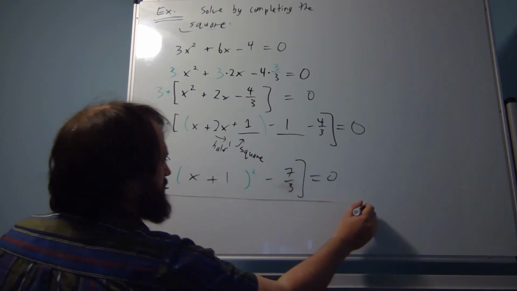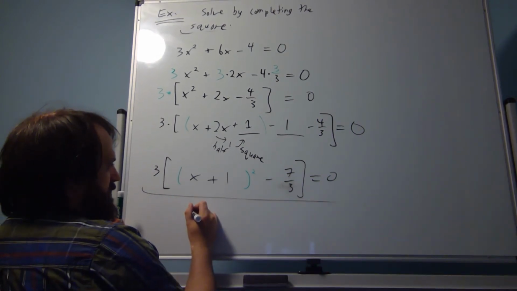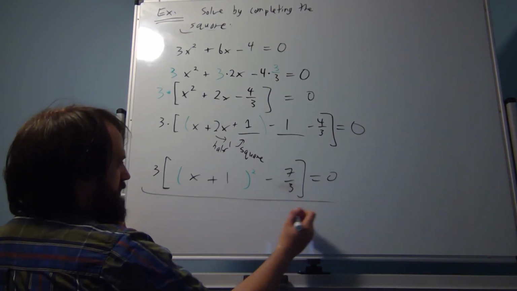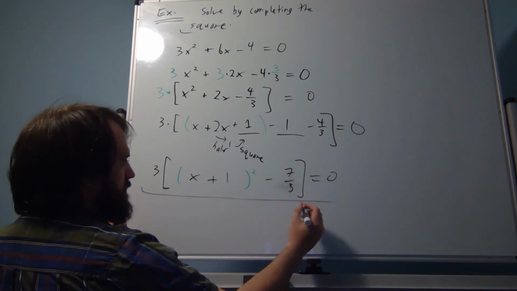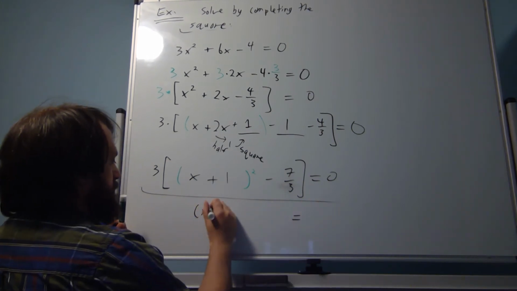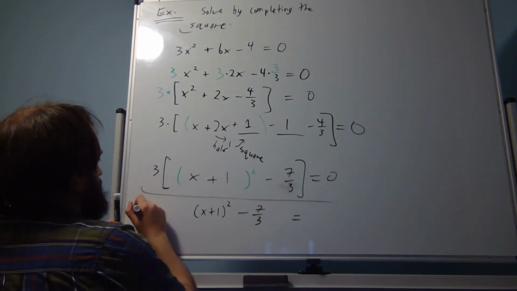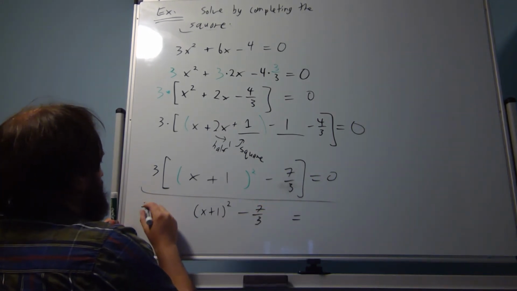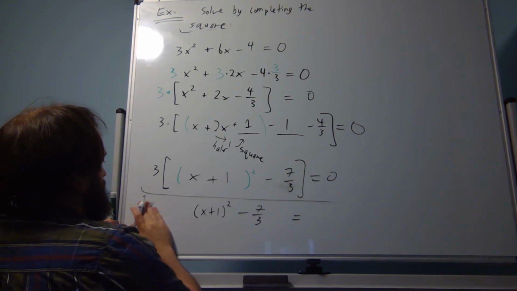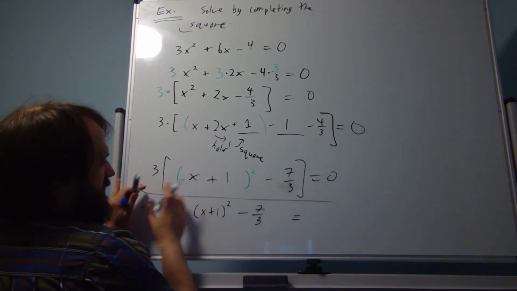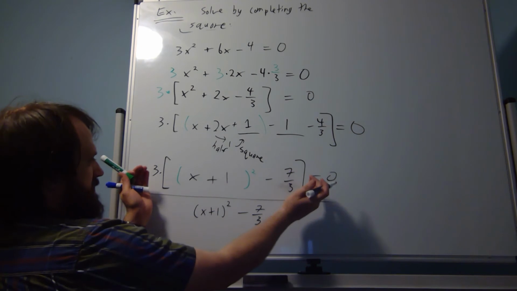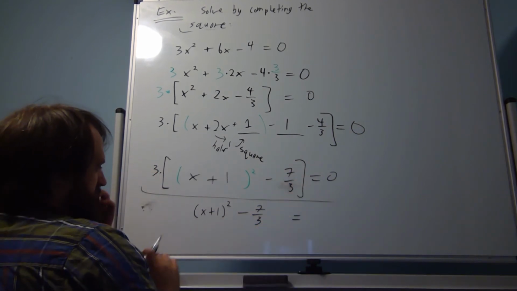So that's the completing the square part of the problem, but we said we actually wanted to solve for x. So we divide by 3. Well, the entire left-hand side is 3 times this square bracket.